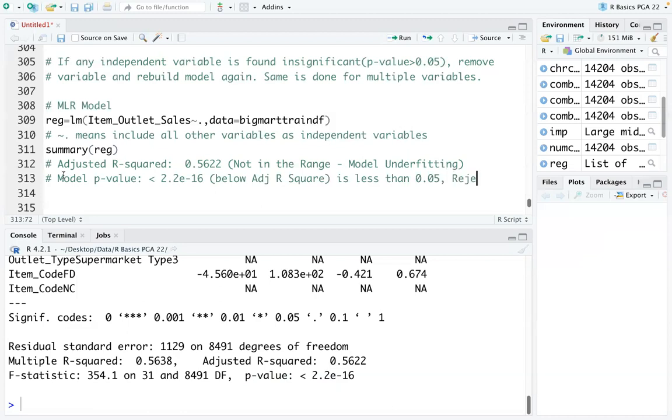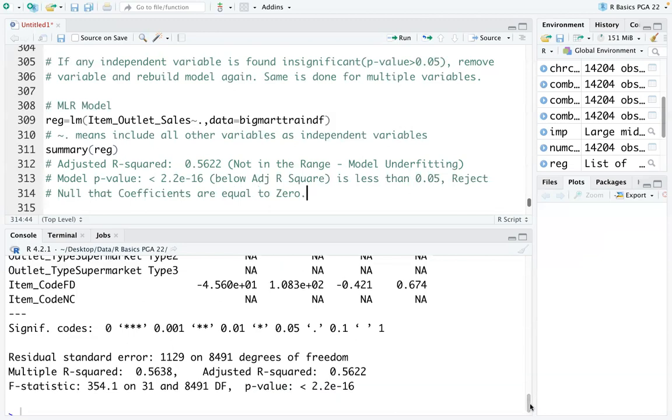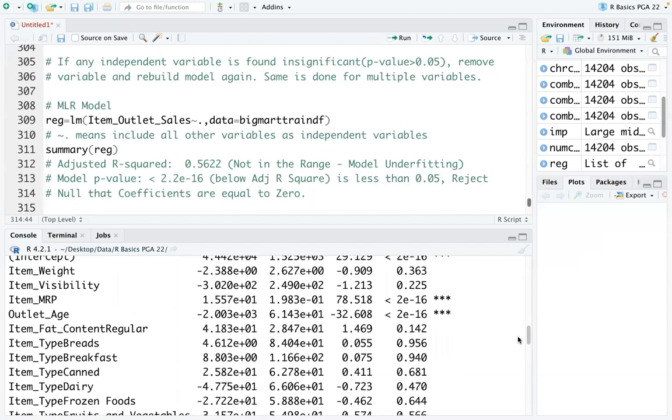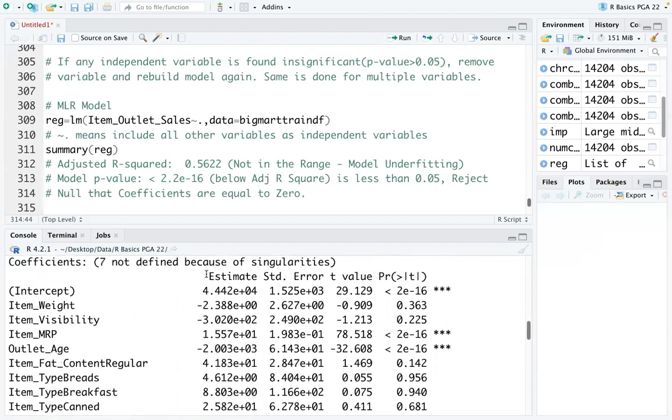We are rejecting the null that the coefficients are equal to 0. So if I scroll up slightly and look at the coefficients, you can see the coefficients here, which are nothing but these estimates.